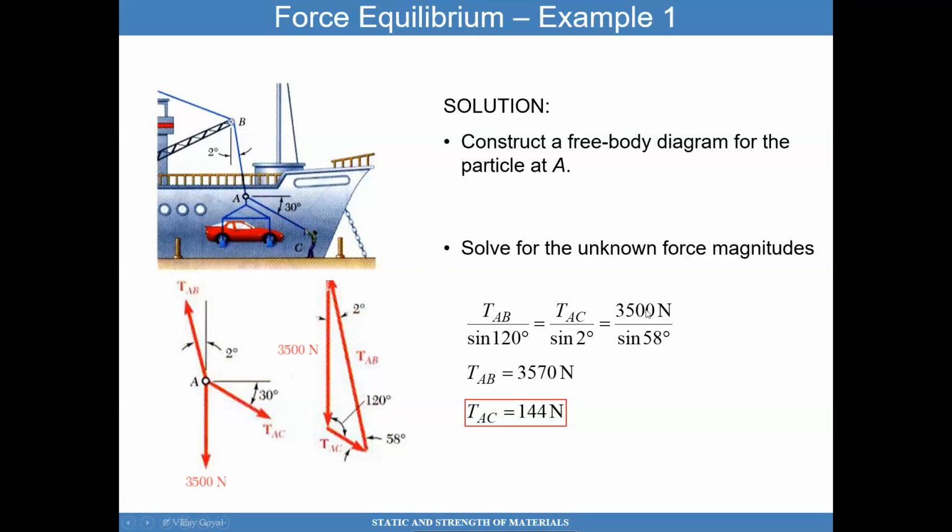And that's equal to the weight of the car, which is 3,500 newtons, divided by the sine of the 58 degrees, which is this angle here. All these angles can be found by trigonometry. And so when you solve this equation for TAC, it gives you 144 newtons. You also know the angle for that tension force.